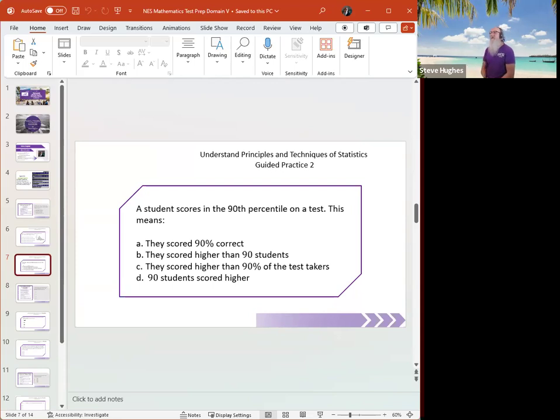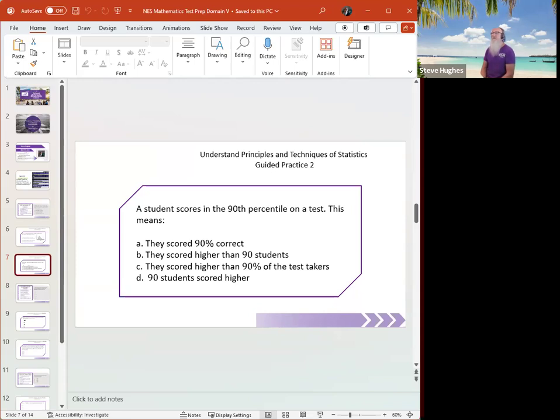Next question. A student scores in the 90th percentile on a test. This means what? Does it mean they scored 90%? Does it mean they scored higher than 90 students? Does it mean they scored higher than 90% of the test takers? Or does it mean 90 students scored higher? To avoid any confusion, remember this.